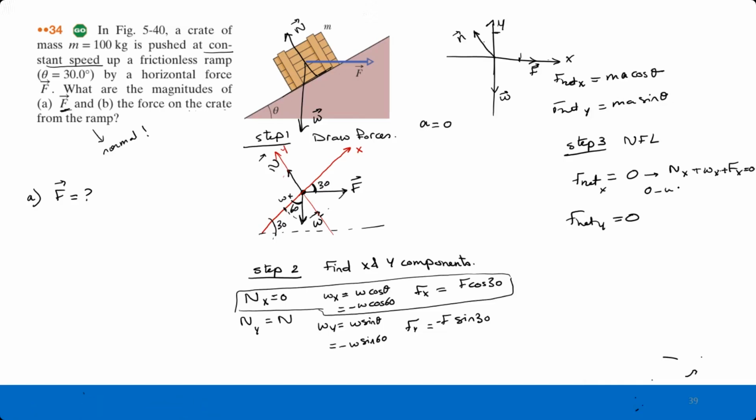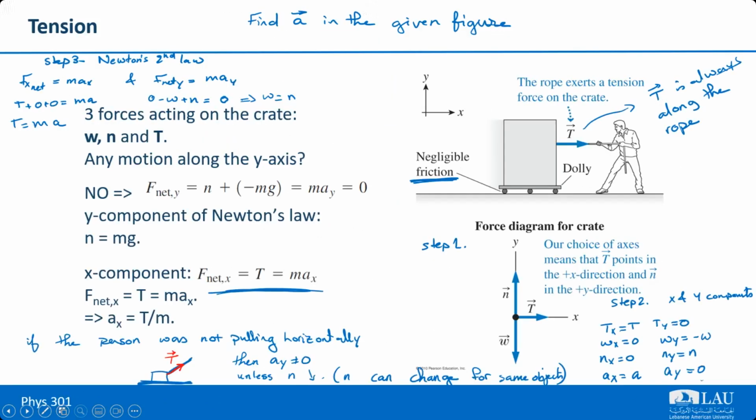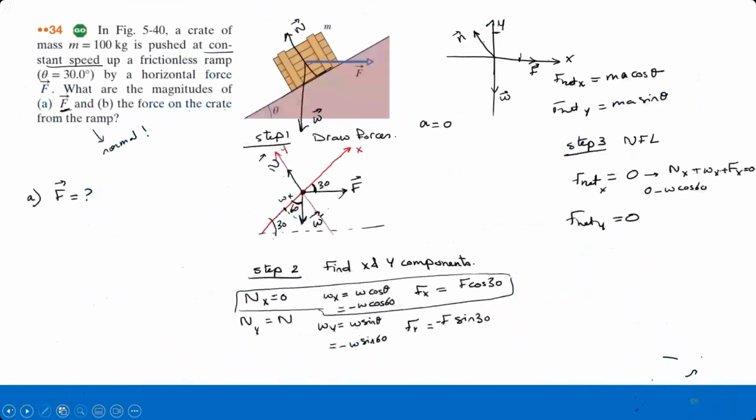I have 0 minus W cosine 60 plus F cosine 30, actually, Fx is F cosine 30, and this is equal to 0.